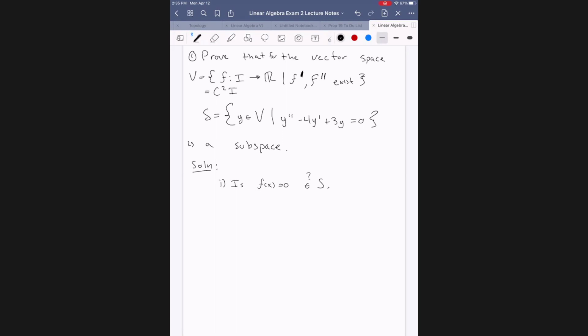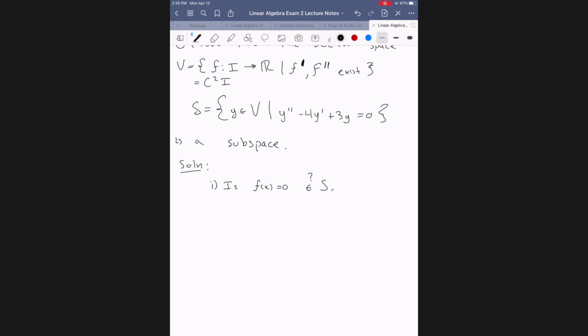it does, right? Let's use the notation here. Let y of x equals 0. Yes. Why? Because y of x equals 0, y prime of x is equal to 0, and y double prime of x is equal to 0, right?